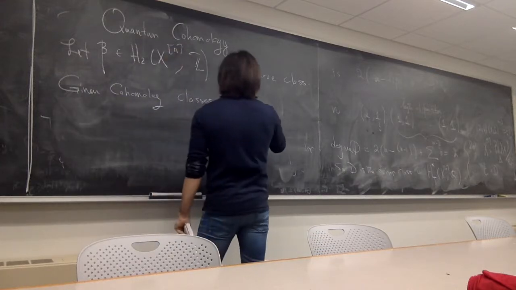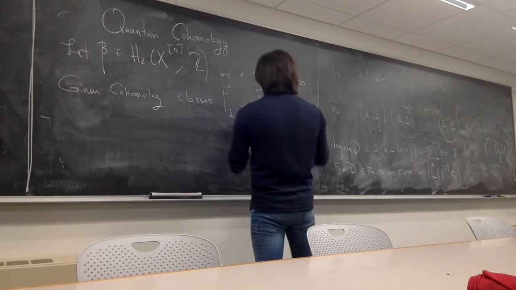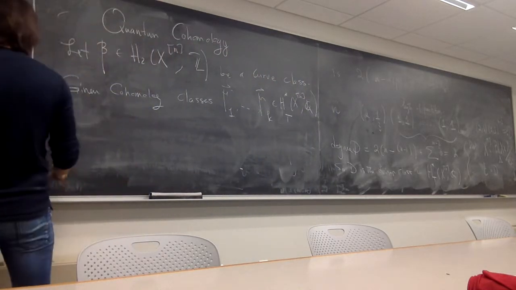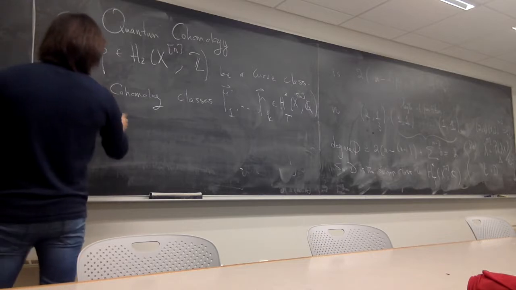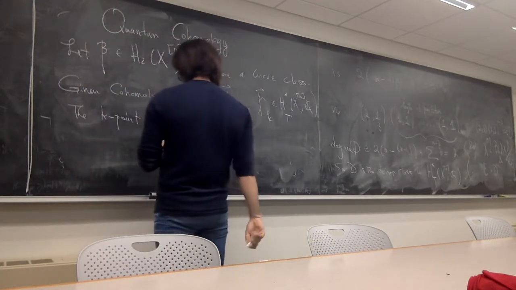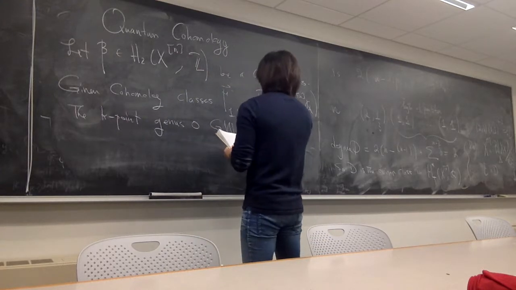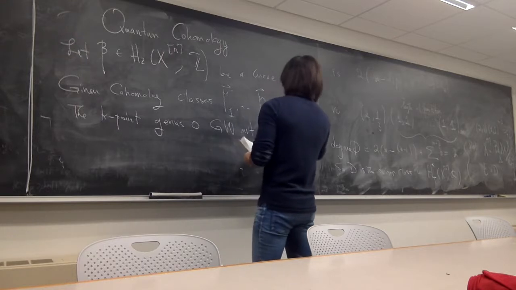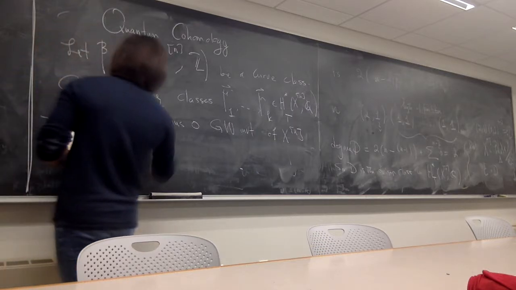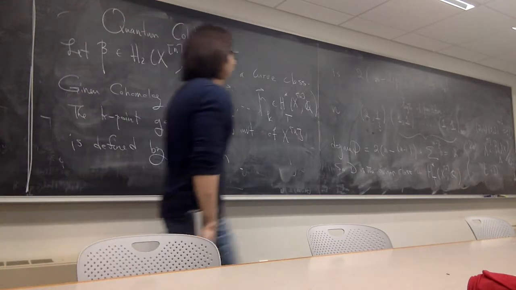And so given these cohomology classes given by these partitions, in T-equivariant cohomology of Xn with rational coefficients, the k-point genus 0 Gromov-Witten invariant of Xn is defined by integration as follows.